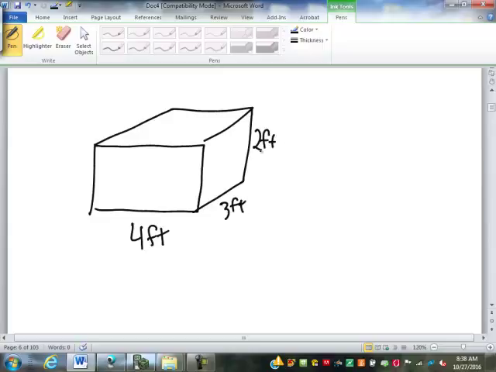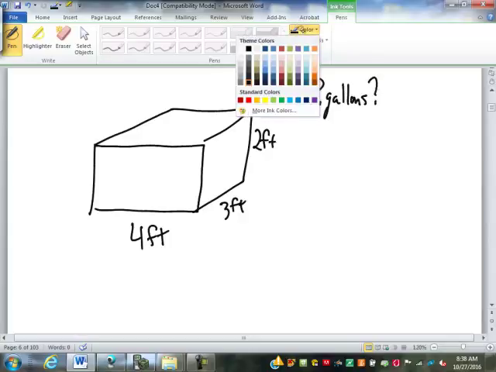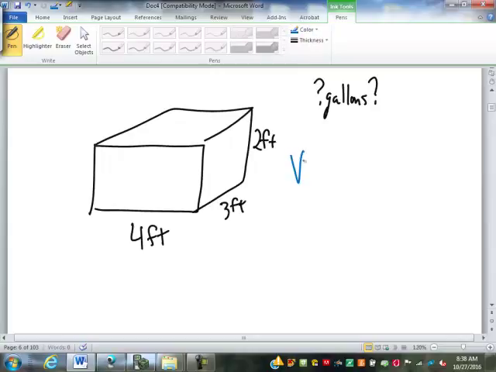And I ask you how many gallons are in there? This one's a little simpler. My volume is going to be found by doing what? Yeah, 4 feet by 3 feet. 12 square feet times my height of 2 feet, which is going to give me 24 cubic feet.